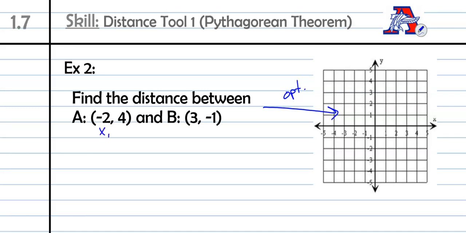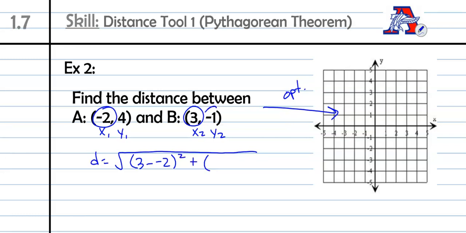We can just label these guys x1, y1, x2, y2, and we can substitute all of it directly into that distance formula. So remember, we want to do x2 minus x1. So 3 minus negative 2. That looks kind of weird, but that's what it is. We are subtracting a negative. Square it. Plus negative 1 minus 4.